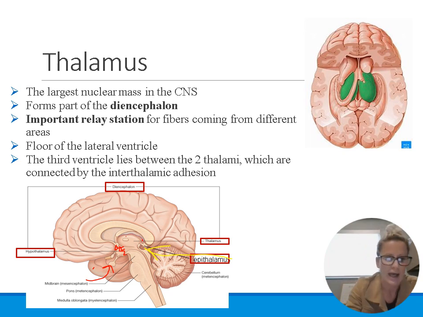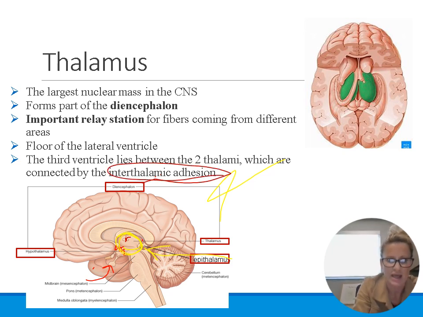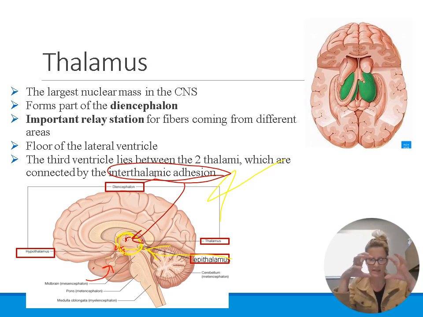If you look at the bottom picture that we were just talking about, this rounded portion right here is showing you the thalamus. So this would be the right thalamus. In the very center of that, there's a little mass called the interthalamic adhesion. That interthalamic adhesion is the little tiny mass that connects the right thalamus to the left thalamus.